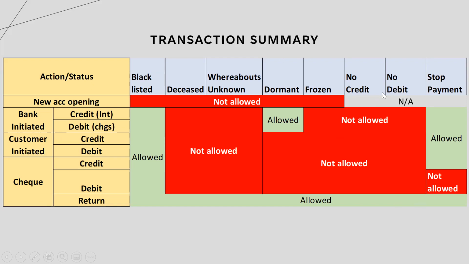This is at the account level. So if an account is no debit or no credit, new accounts can be opened because it is at the account level, not at the customer level. However, bank initiated transactions, customer initiated transactions, check transactions except check return are not allowed. Stop payment is only for the check transactions, only the check debit, but credit is allowed. Check return can be posted.